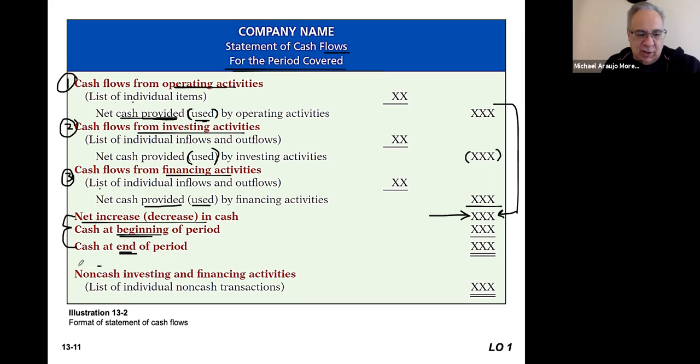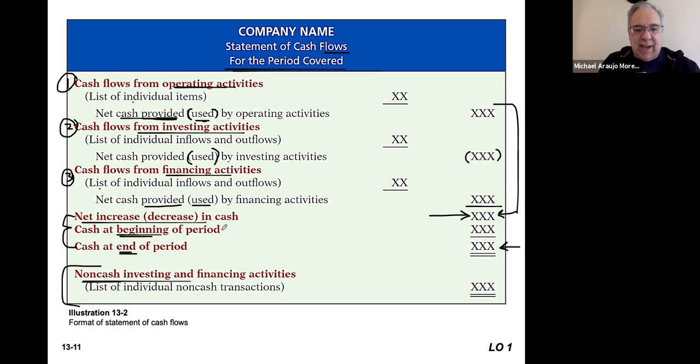Again, on occasion, you will have those non-cash activities listed on the cash flow statement. Sometimes it's in a note, but in many cases, it'll be listed here. Because this does not have to do with cash, it's one of the more interesting points here. Okay.